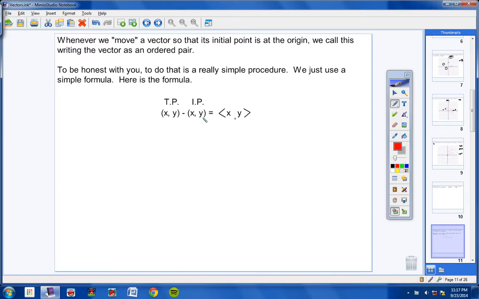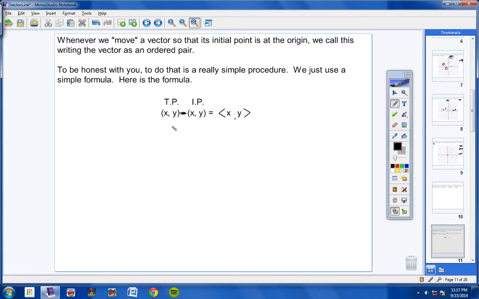TP, write this down please. TP stands for terminal point. IP stands for your initial point. And look what you do. Students, you just simply subtract the two ordered pairs. And I'll show you how to do that in a second. You just subtract the two ordered pairs.